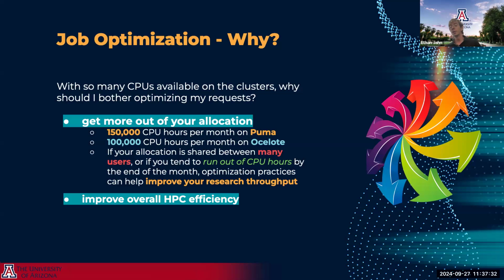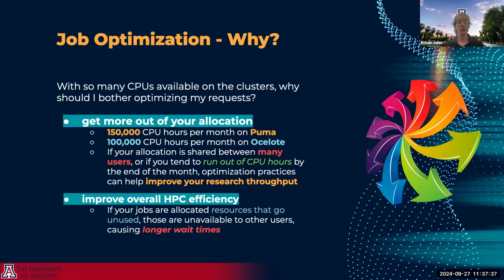And even if you're not running into that limit, it is still good practice to try to optimize your jobs, because if your jobs are being assigned resources that aren't being used, then that's a potential loss for the system. Those resources could have gone to other jobs that could have been running at the same time.